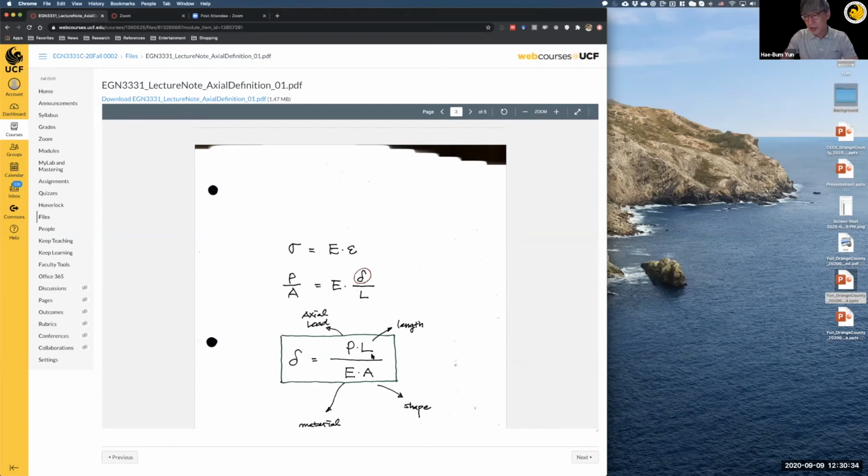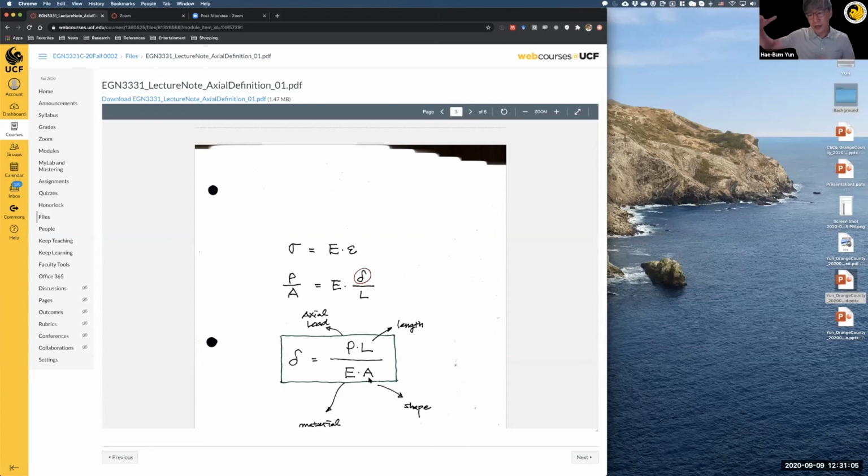So interestingly, E is a stiffness, right? If we have a stiffer material, it has a bigger resistance. You can think about the steel and rubber example, right? If we have steel, which has a large E, we're going to have a small deformation, elongation, right?